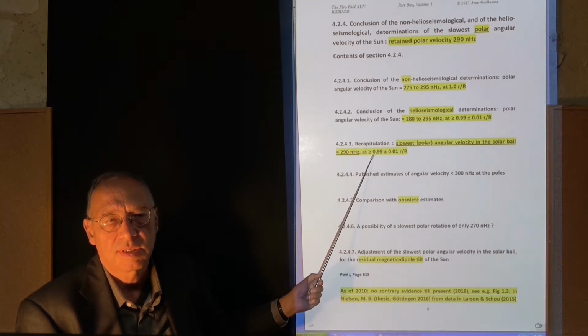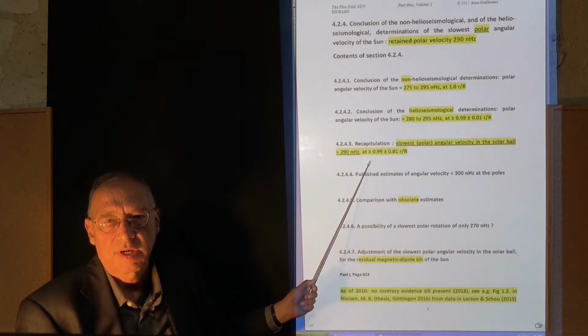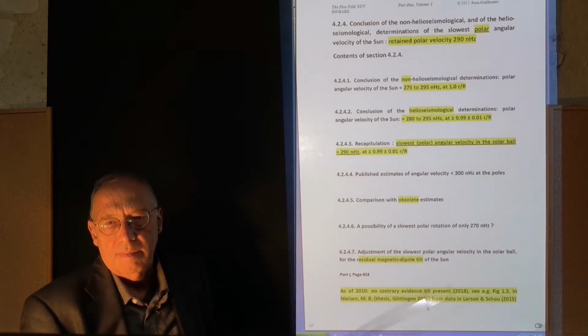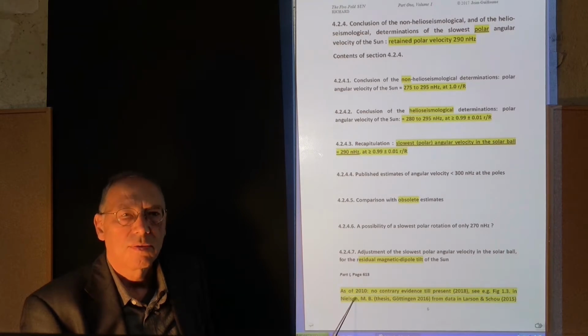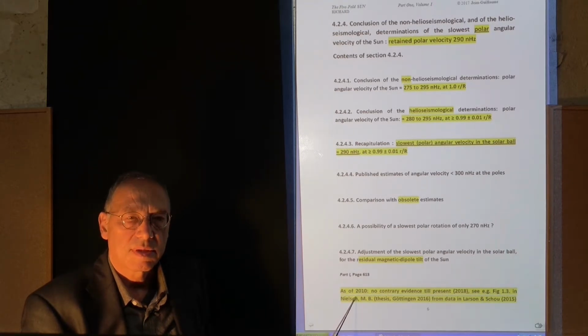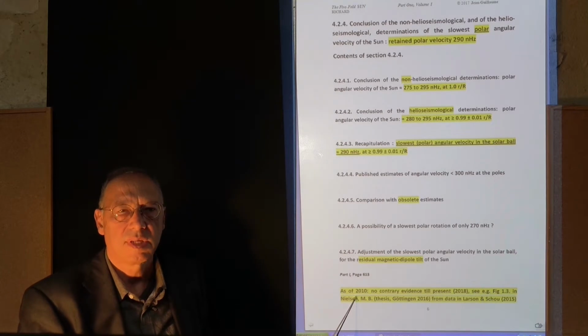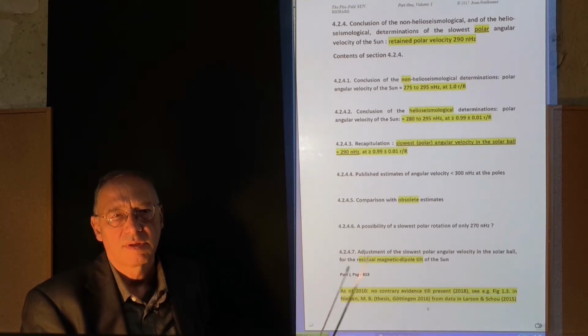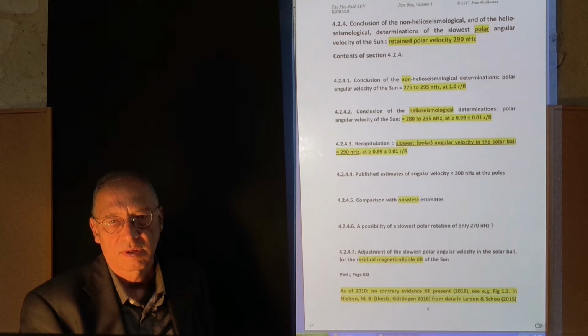You see 0.99 radius fraction, plus or minus 0.01 radius fraction. There was no update of this estimate performed in 2010 in The Fivefold Sun as a book, but no contrary evidence surfaced until present, as of 2018, as far as I know.